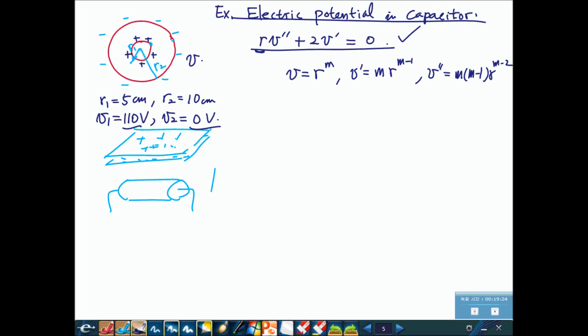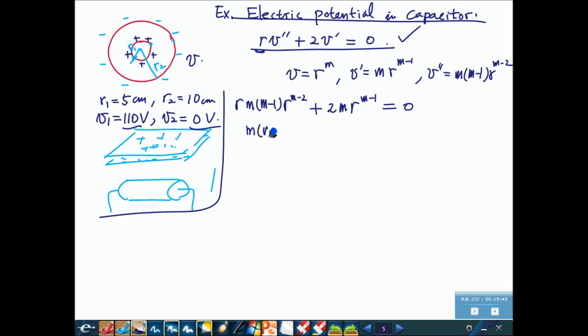We plug it in. Then R times M times M minus 1, R to the M minus 2, plus 2 times M, R to the M minus 1 is 0. So it's M times M minus 1, R to the M minus 1, plus 2M times R to the M minus 1.